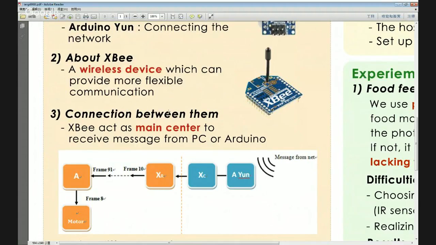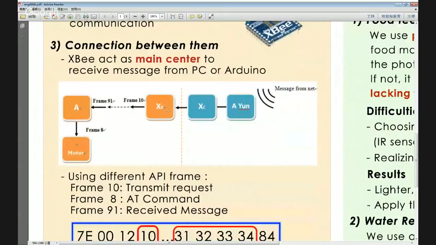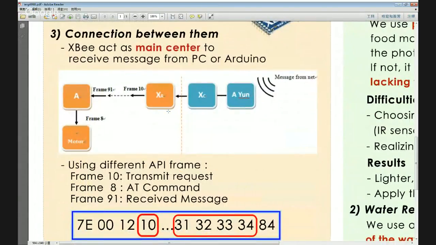Then we would like to use different API frames to send out command signals. At this stage, we have used frame 10 to transmit requests, frame 8 to send out AT commands, and frame 91, which is the received frame from frame 10. The format of the frames is similar.